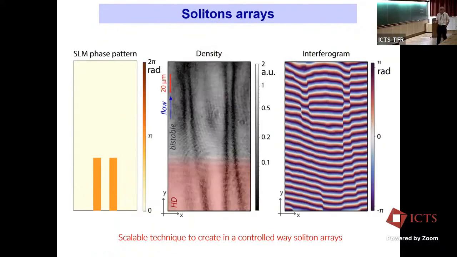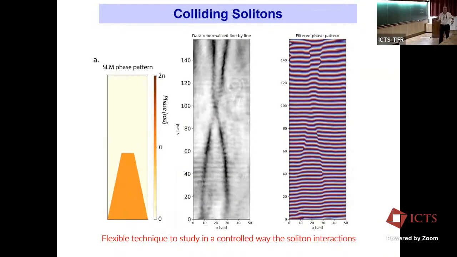It's quite flexible and scalable because we can, for example, create soliton arrays in a controlled way. We can also create solitons with a non-zero speed in the transverse plane, so that they collide at some point. And then it's quite interesting to study soliton interaction in a controlled way.